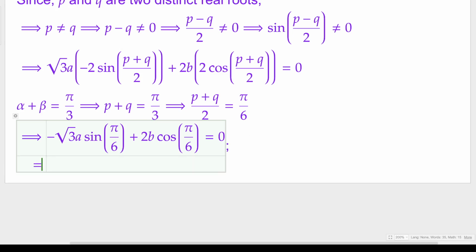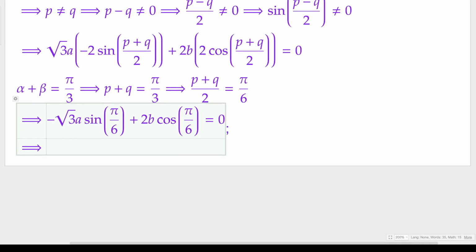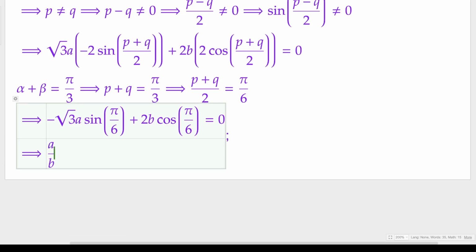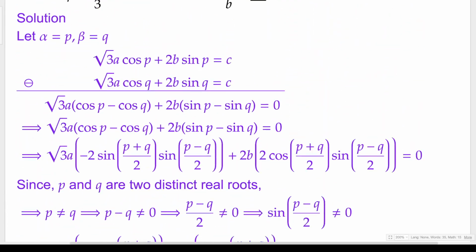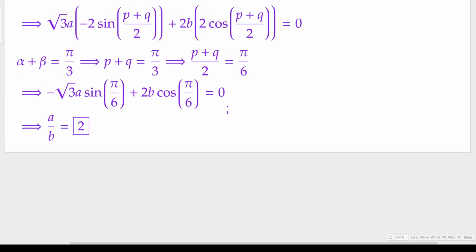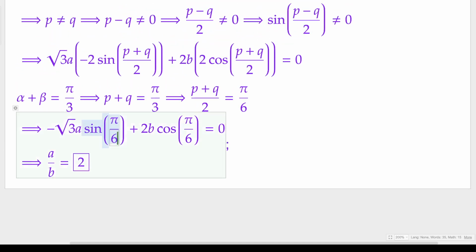So from this we can clearly observe that a over b would be equal to 2. On substituting the standard values of sine pi over 6 and cosine pi over 6, a would be equal to 2 times b, because the square root of 3 gets cancelled out. So for this given problem statement, a over b is equal to 2. If you have any confusion, just plug in the values of sine pi over 6 and cosine pi over 6, resolve this equation, and you will get a over b as 2.